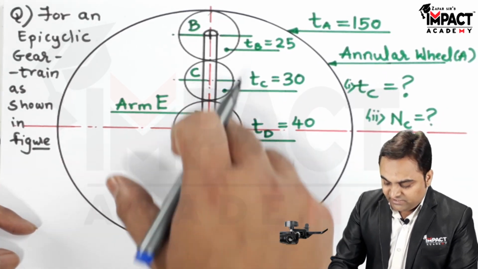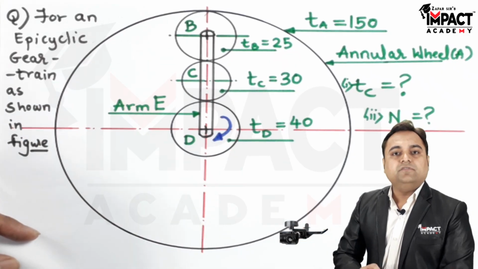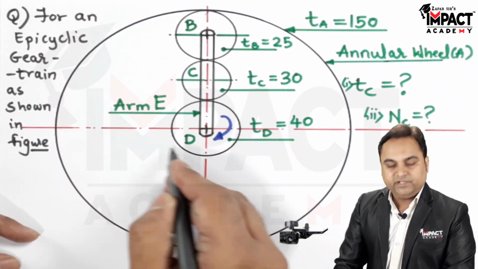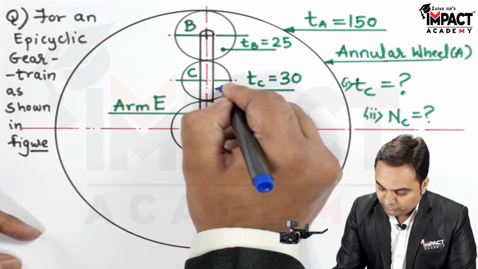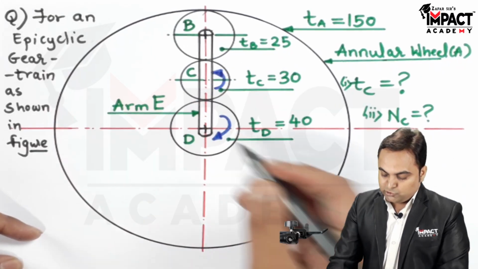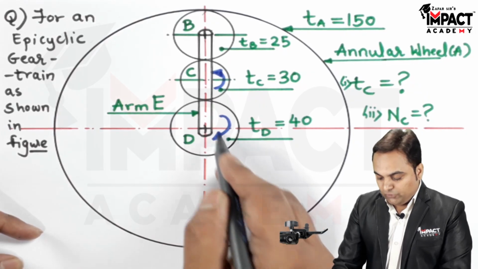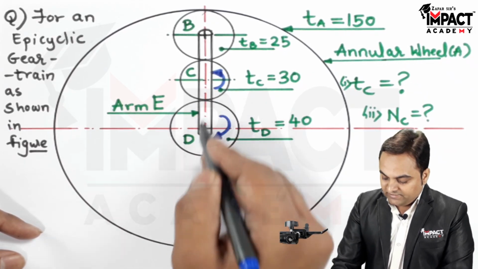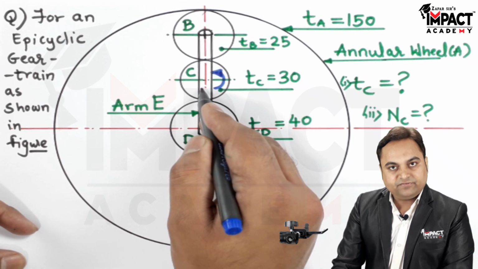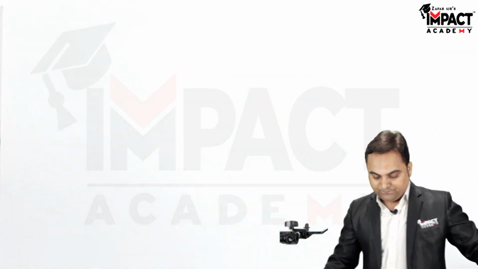Now D and C, they are external gears. So in case of external gears, if one gear is rotating in a clockwise manner, the other one would be rotating in an anti-clockwise sense. So the direction is opposite for C and D. The velocity ratio would be written with D as the driver and C as driven.